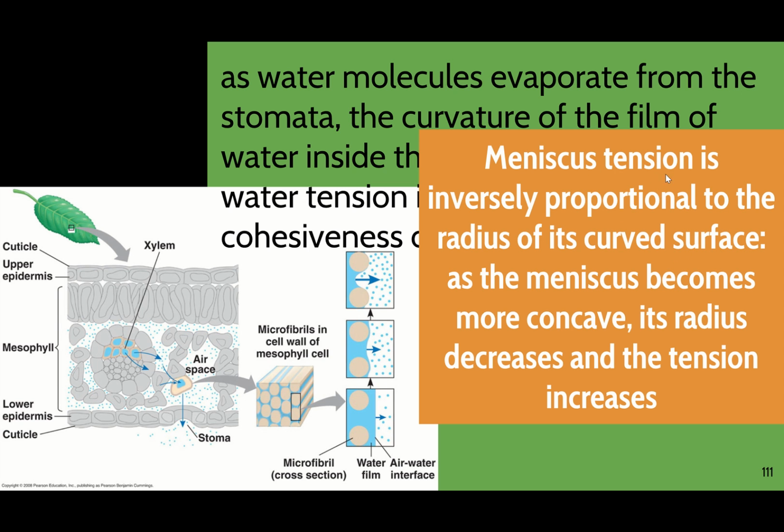So if meniscus tension increases, the radius of the curved surface has decreased. If meniscus tension decreases, the radius has increased. As the meniscus becomes more concave, its radius decreases and the tension increases.